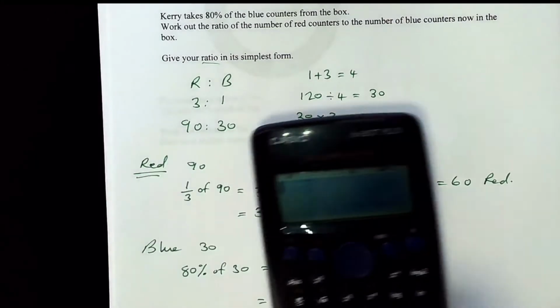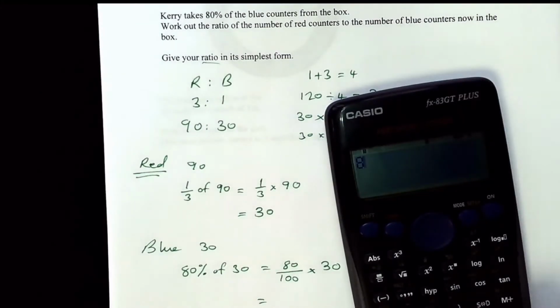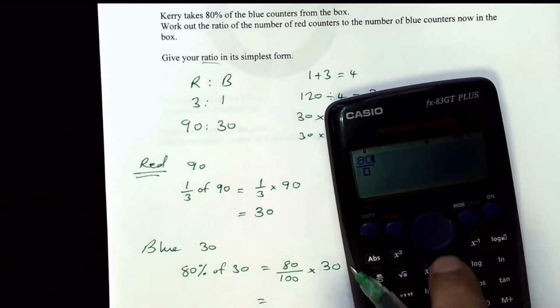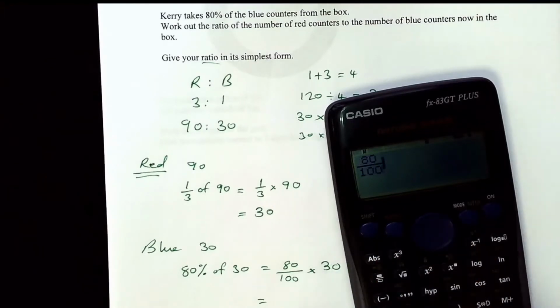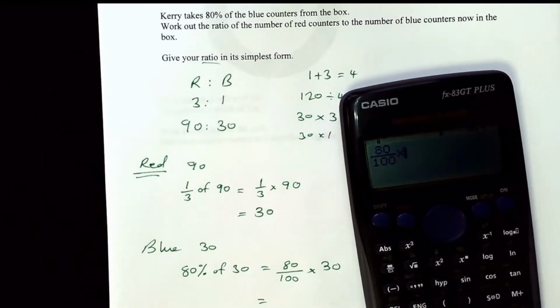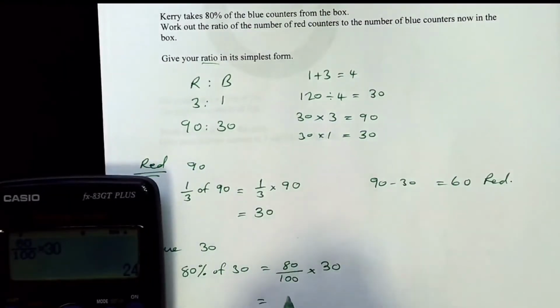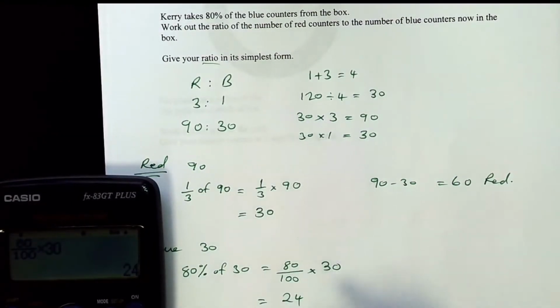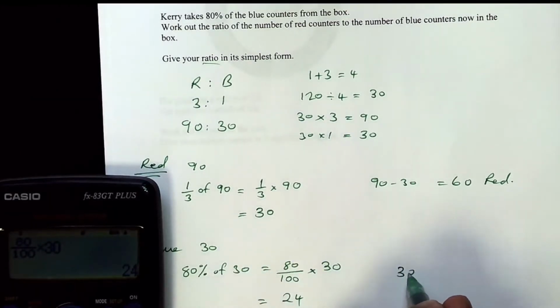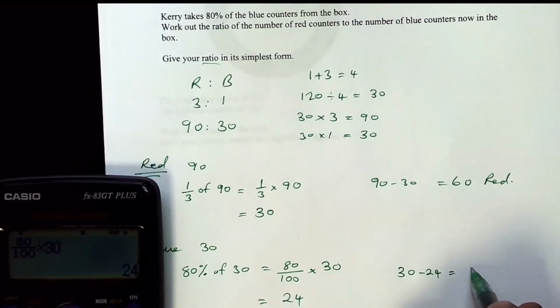Use the fraction button. 80 divided by 100 times 30 is equal to 24. So Kerry takes out 24 counters. So that's 30 take away 24, which is equal to 6 blue.